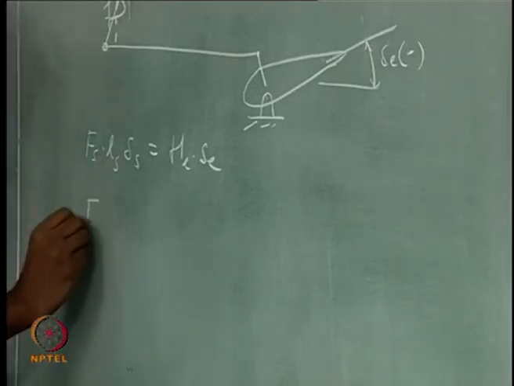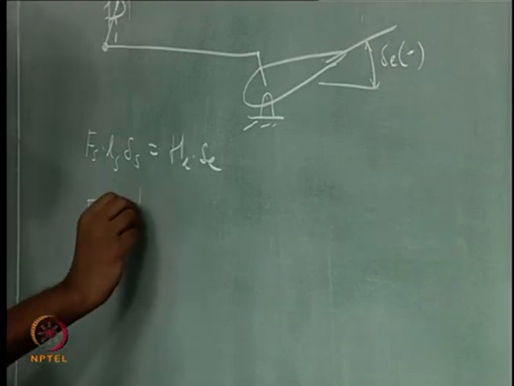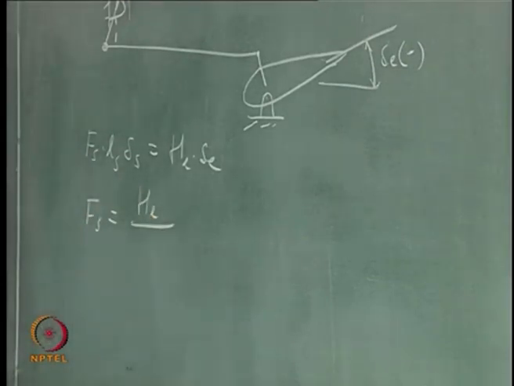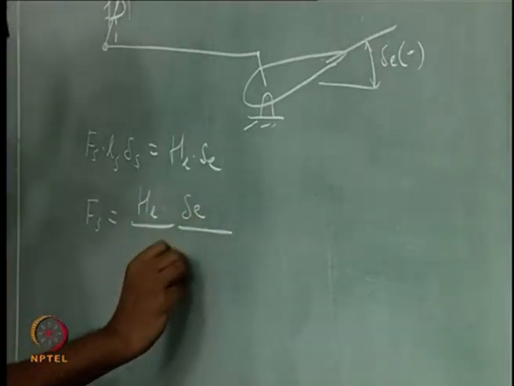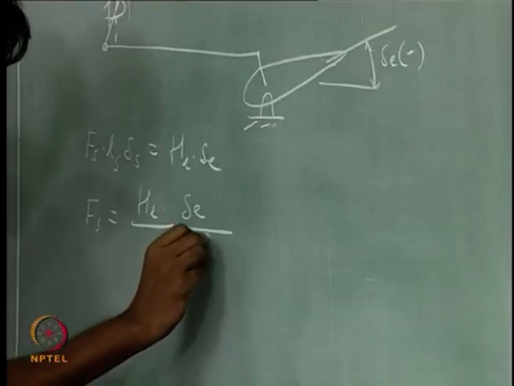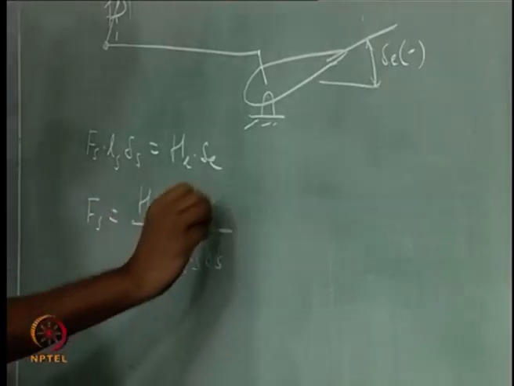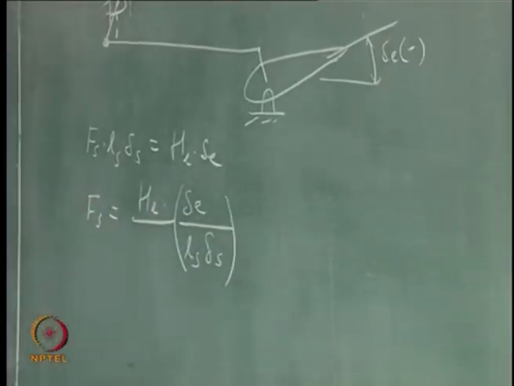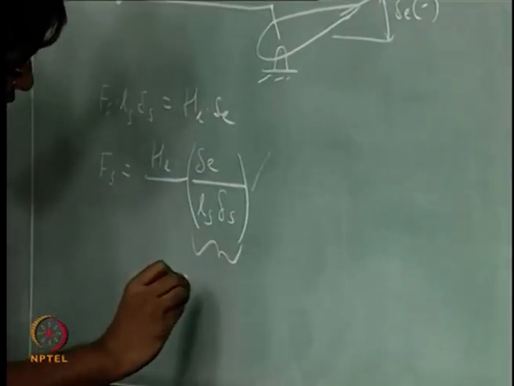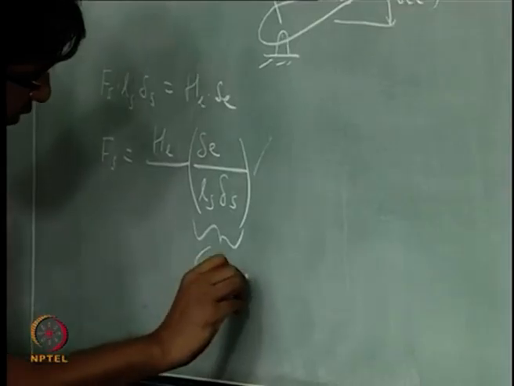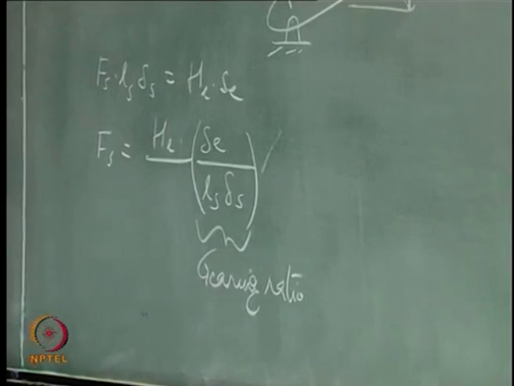So, what is F_s? F_s is H_E into delta E over L_s delta S, right. This quantity in the bracket is called the gearing ratio.